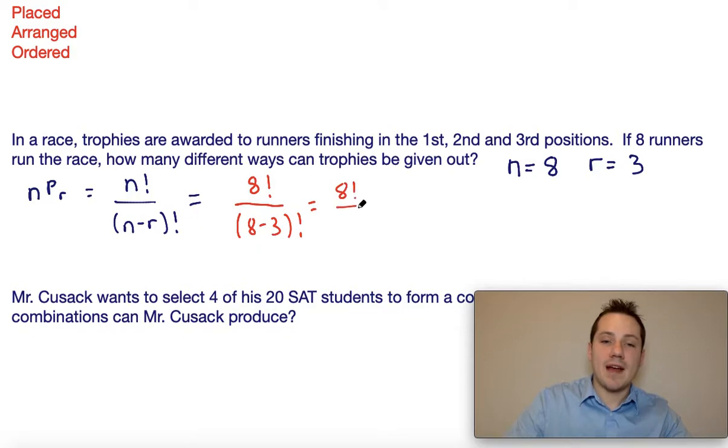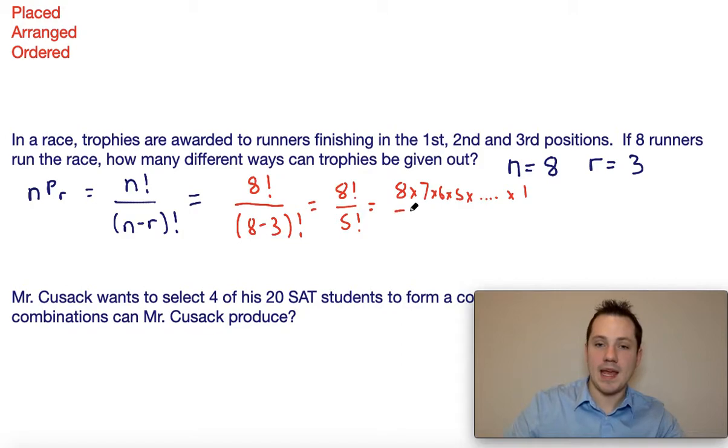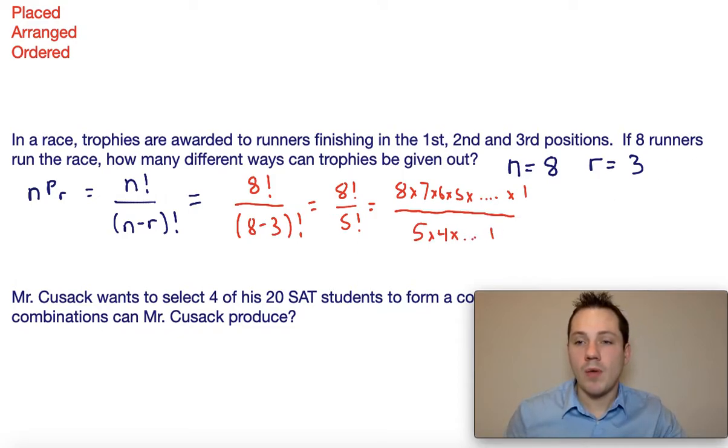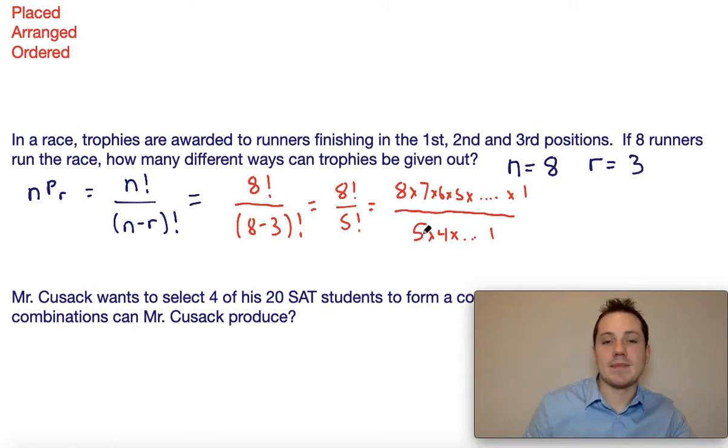So 8 factorial over 5 factorial is going to be 8 times 7 times 6 times 5 times and so on until you get down to 1, and on the bottom, 5 times 4 times and so on until you get to 1.